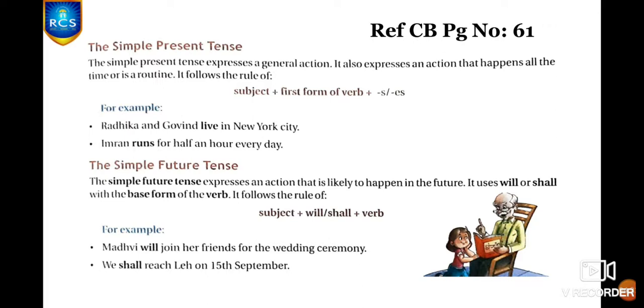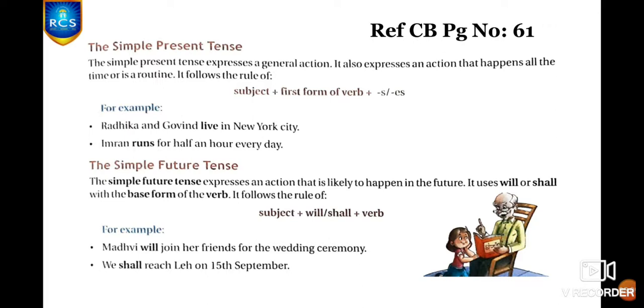What is the form? Subject plus first form of the verb. For singular nouns, we have to add s or es to the verb, and for plural nouns, we should not add s or es. The next one is the simple future tense. The simple future tense expresses an action that is likely to happen in the future. It usually uses will or shall with the base form of the verb.